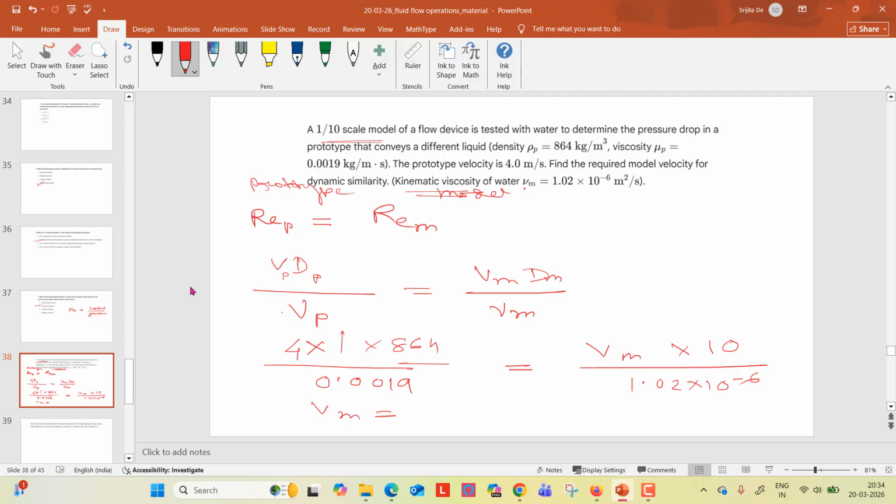So the prototype ratio, prototype diameter versus model diameter, is 1 by 10, right?